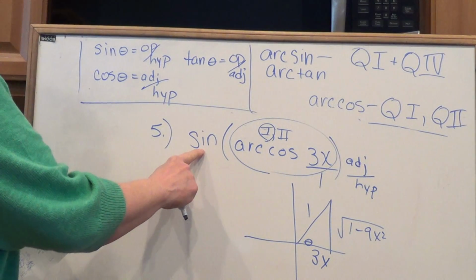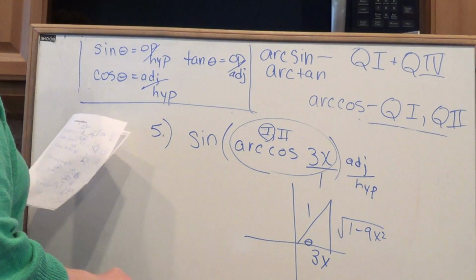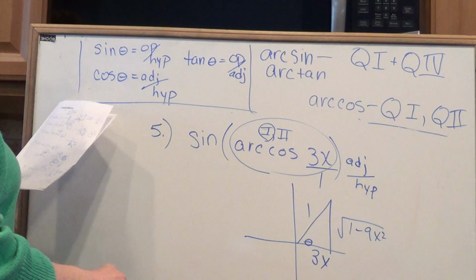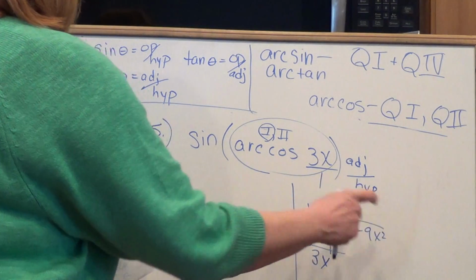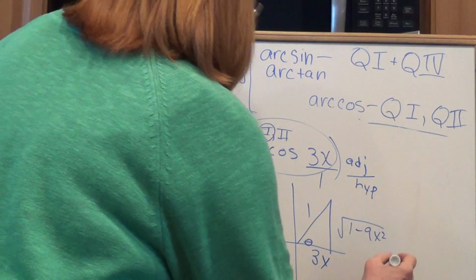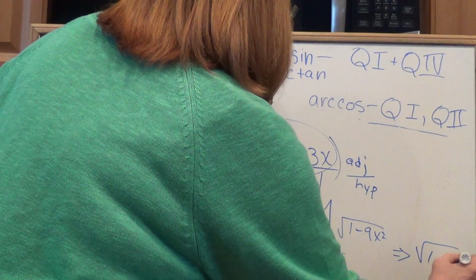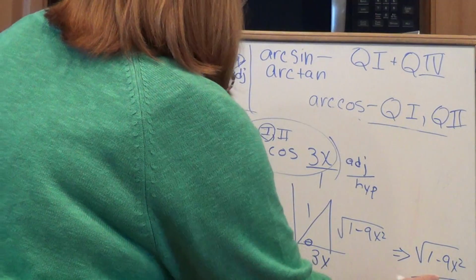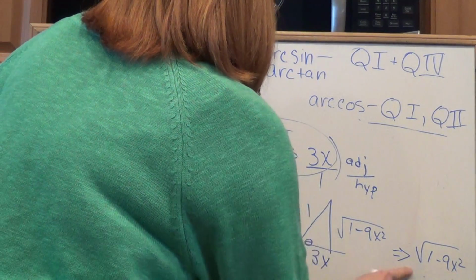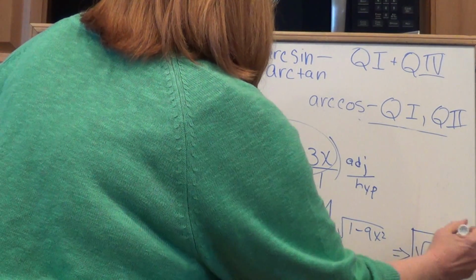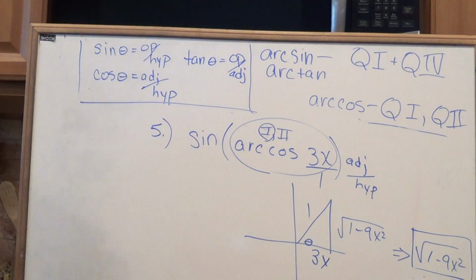Now we find the sine of that triangle, and the sine is side opposite over hypotenuse. So in this case, it's square root of 1 minus 9x squared over 1, but I'll just drop the 1. So the final answer, and your answers in your assignment will look more like that.